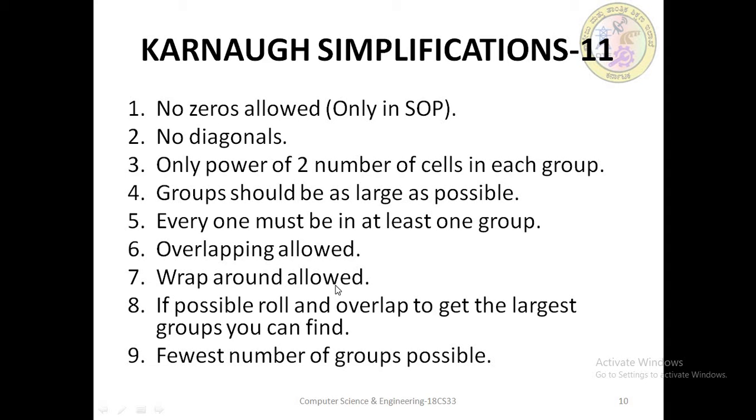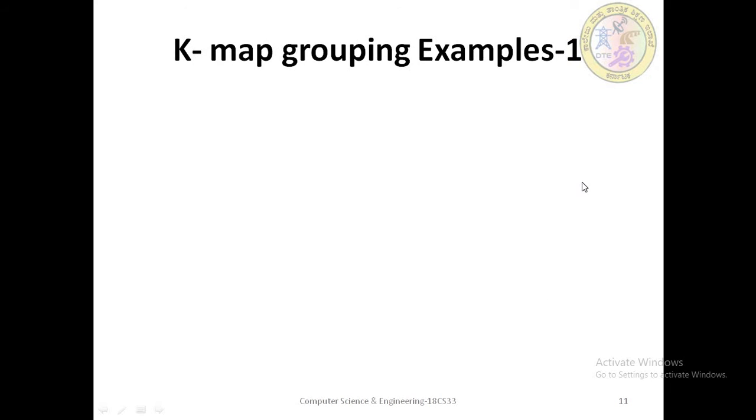If possible, roll up and overlap to get the largest groups. We have seen it in the previous examples already. The fewest number of groups possible, that means we should not create duplicate groups, and we should always try to have the minimum number of terms at the end, that means a simplified result. That's what we need to do, right?